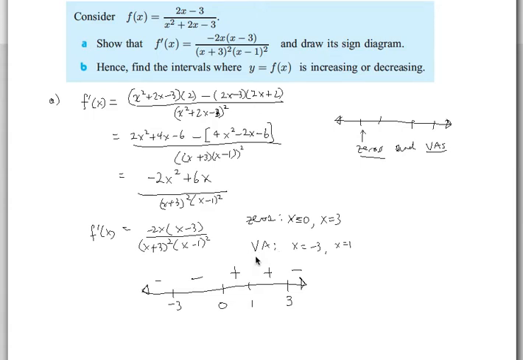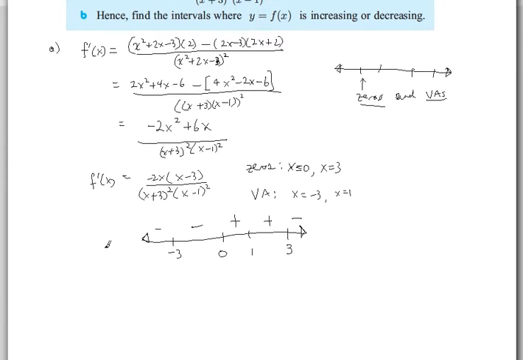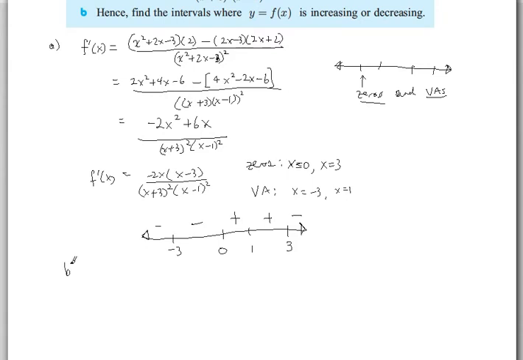So now we can say, looking at this information, what the increasing intervals and decreasing intervals are. So this would be the answer to part A. Since we are asked to find the intervals of increase or decrease, now we can use our information here. So the intervals of increase would be from 0 to 3, right? From 0 to 3 would be increasing. But we would want to separate that out, okay?